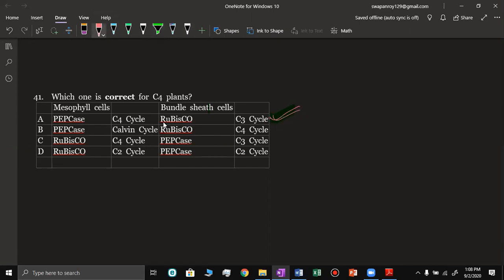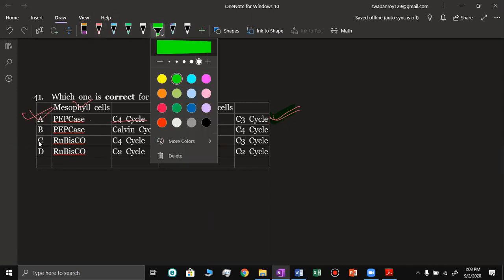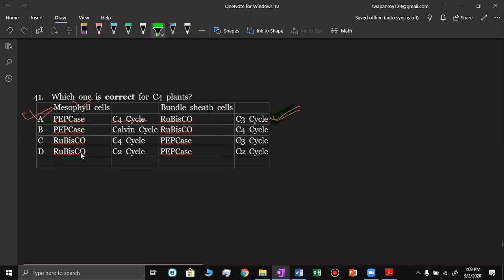So Rubisco for the C3 cycle and PEP carboxylase for the C4 cycle in the mesophyll cell. So our answer is this one. That is the answer.